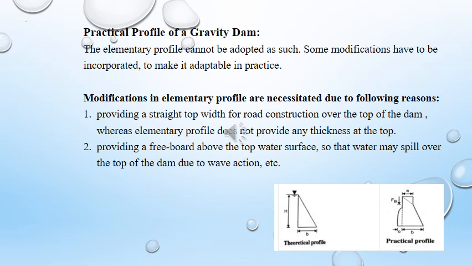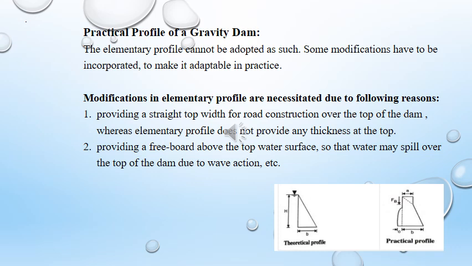The practical profile of a gravity dam. The elementary profile of the gravity dam is only a theoretical profile. However, such a profile is not possible in practice, because now the provision is to provide a straight top width for road construction over the top of the dam, and also to provide a freeboard.